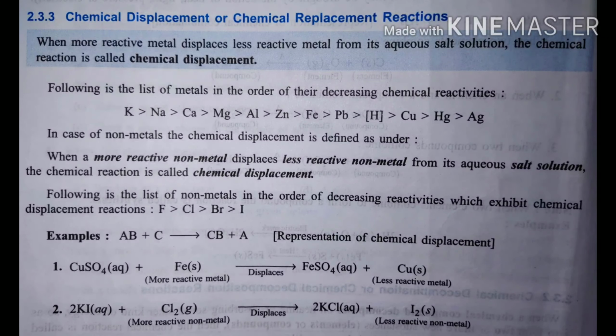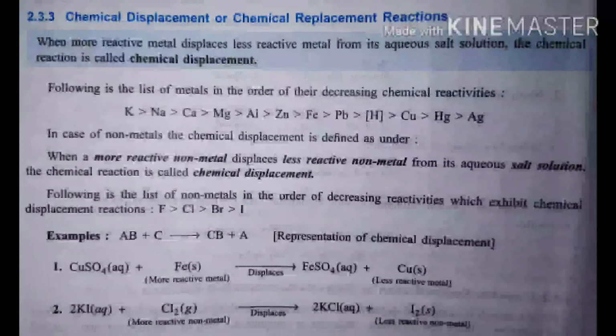Therefore this reaction is an example of displacement reaction. Now we'll see another reaction. In this reaction, KI, potassium iodide, is treated with chlorine. Here chlorine is more reactive than iodine, and therefore it displaces iodine and forms KCl, and iodine remains as a remainder.